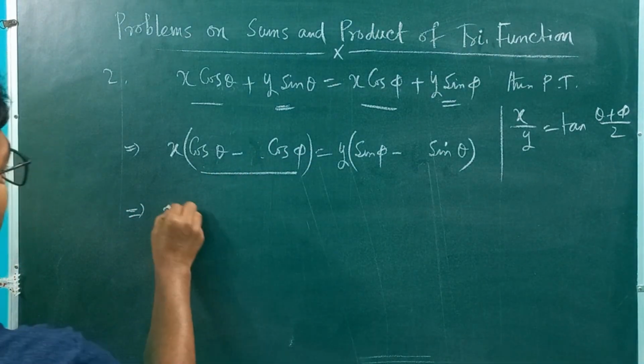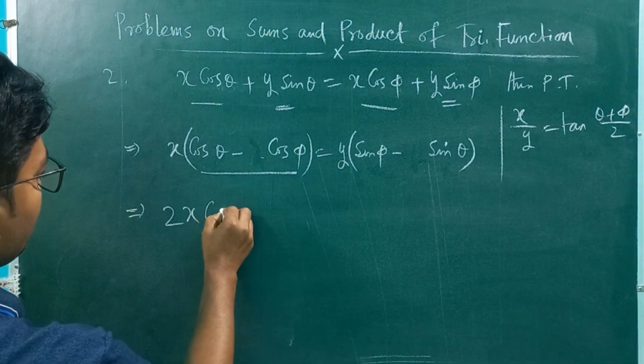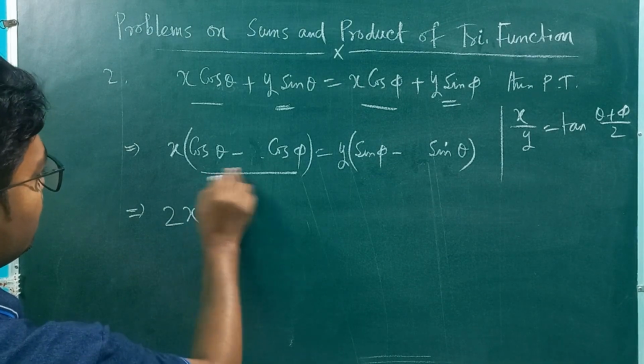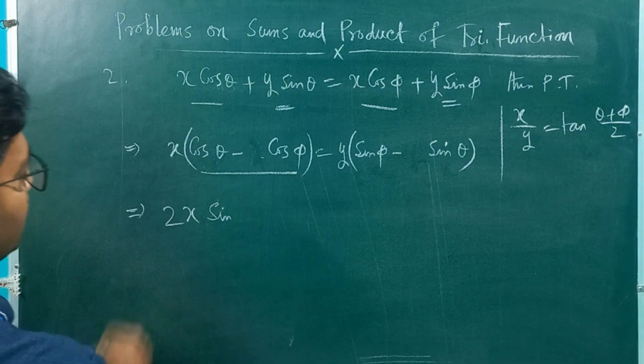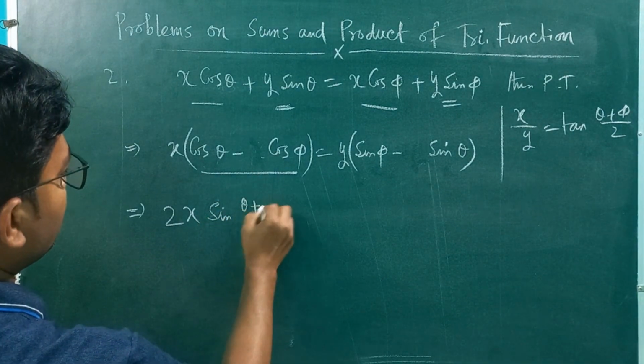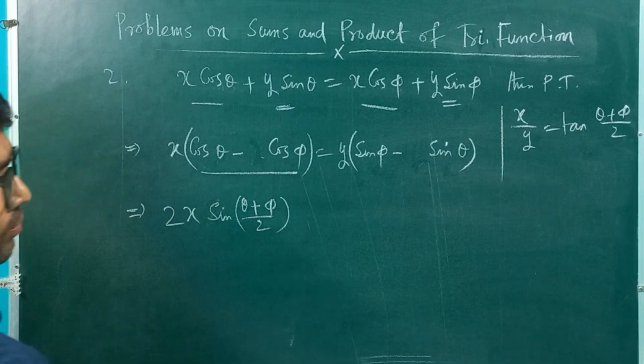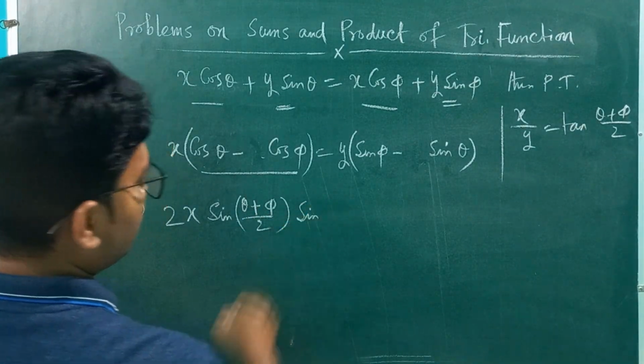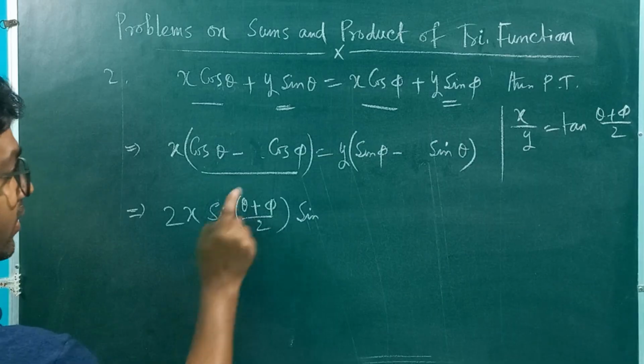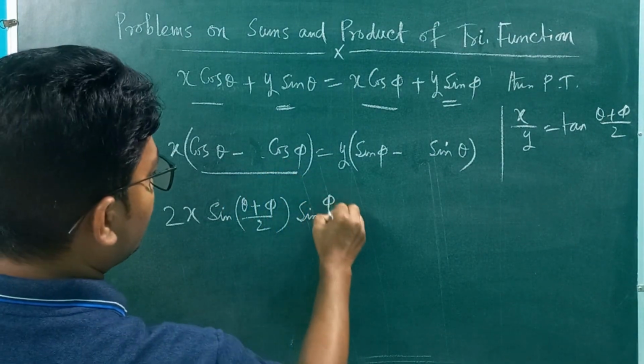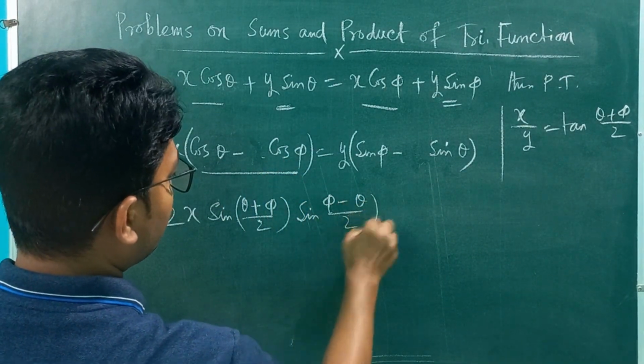Cos c minus cos d means 2 times the sin formula, that is sin of (c plus d) by 2 into sin of (d minus c) by 2. Here d is phi, that is, phi minus theta by 2.